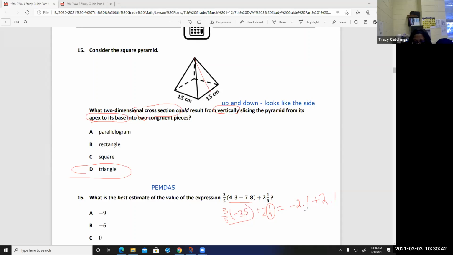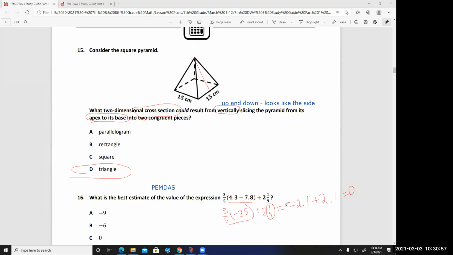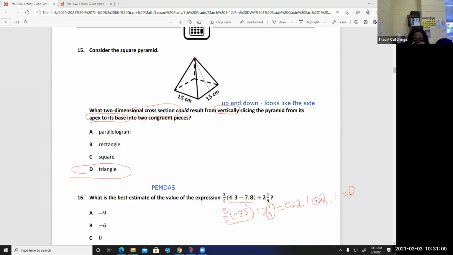So now I have negative 2.1 plus 2.1. What is that going to give me? Zala, you saying something over here. 4.2.